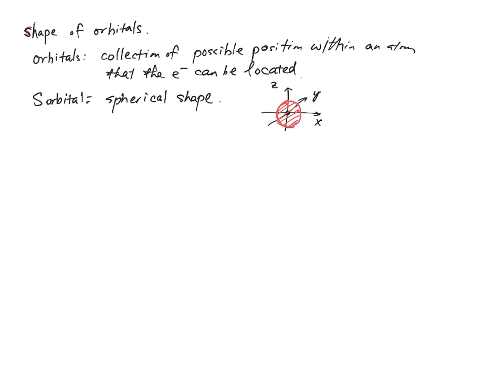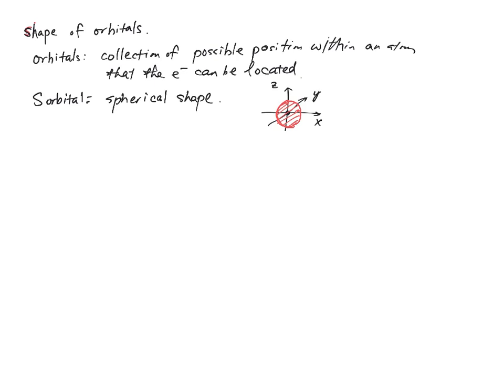Hold on, what do you mean by this? What I mean is, if you locate an electron in our structure earlier, and you say I have this one electron or 2 electrons on this one s orbital, then I'm telling you that your electron will be in one of these positions in that ball.